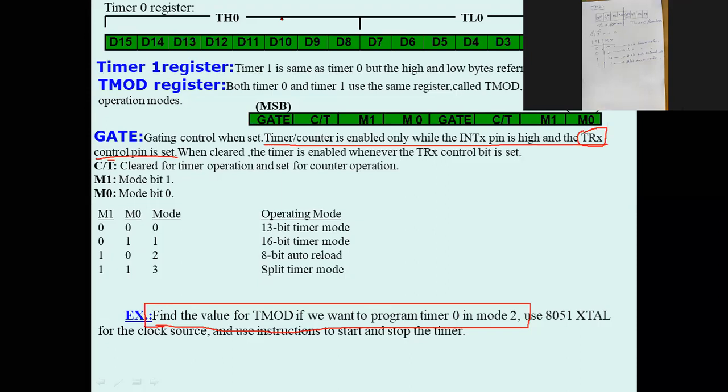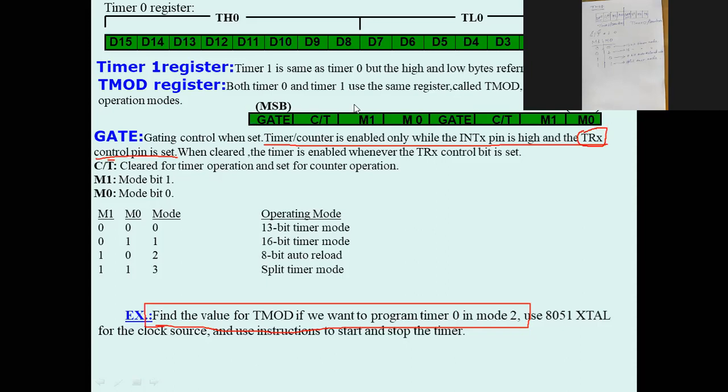Yes, sir. Tell me the answer. Sir, in timer 0, I think GATE will be 0. C/T bar is also 0. M1 and M0 will be 1 and 0. Okay.